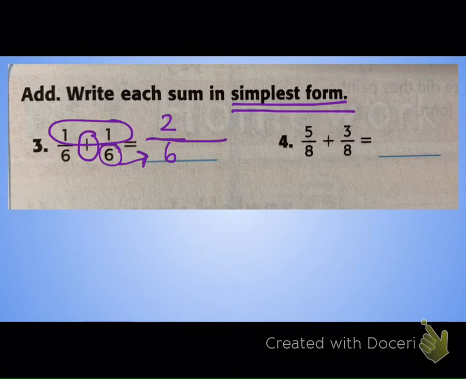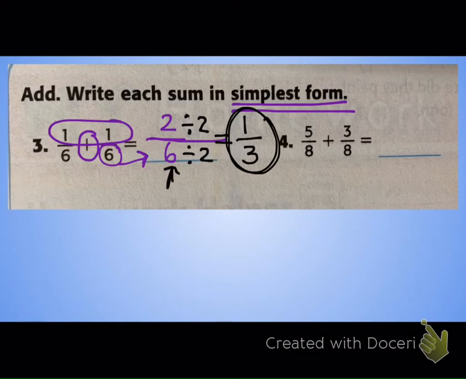Yes, and the answer is exactly 2. So we need to divide our top and our bottom by 2 to get our new fraction. 2 divided by 2 would be 1. 6 divided by 2 would be 3. 1/3 is the correct answer. So if you answered 2/6 in your homework, it would be marked wrong because it needs to be in simplest form.